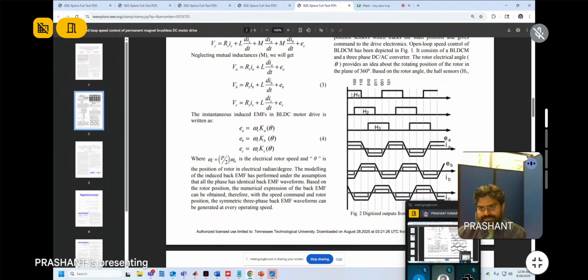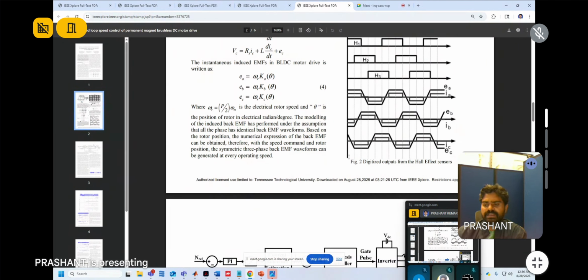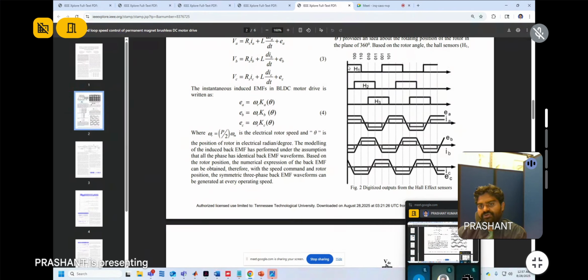See here, I have done it for 120 degree, with 60-60 categorization. So from 0 to pi or 2 pi, we are dividing the cycle into sectors, suppose 60-60 like that. So here 100 represents H1, H2, H3.